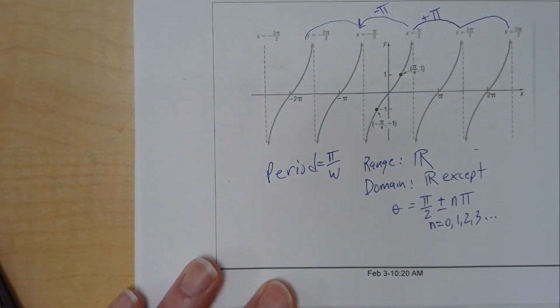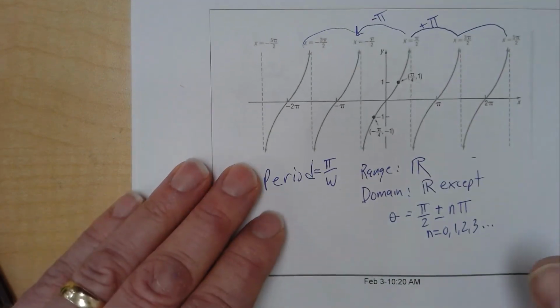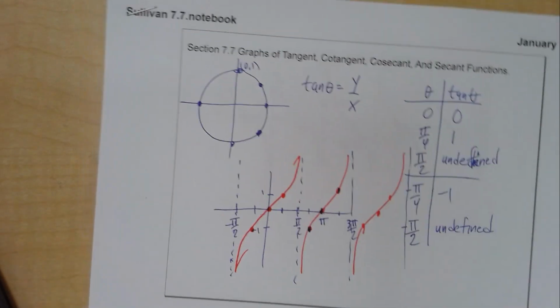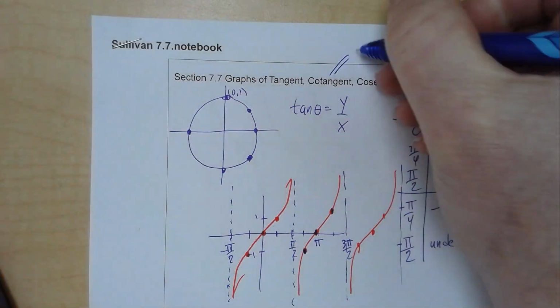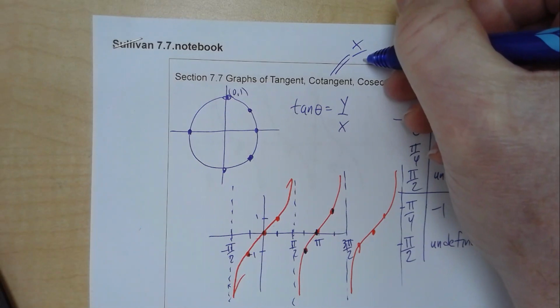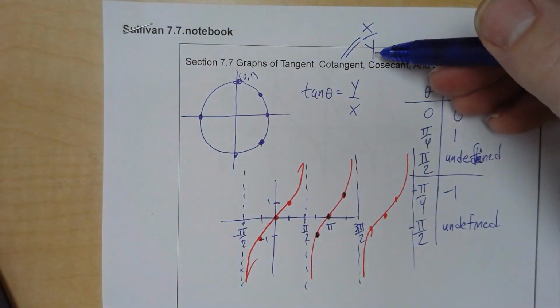And I think that's all the things in my little notes that I made about this. All right, so if you can do tangent, then you can think about cotangent. Cotangent is x over y. So every time y is 0, it blows up.